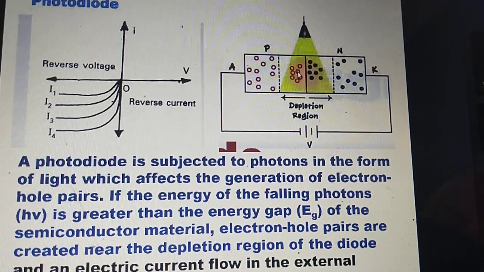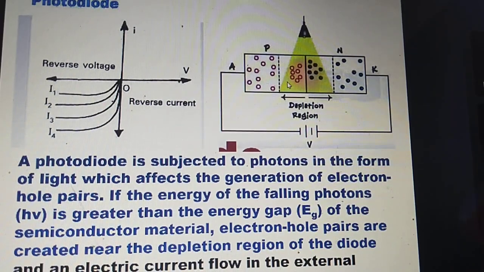What happens? This P-type has negative ions, and here you have positive ions. If more electron-hole pairs are generated, holes will be pushed in this direction, and electrons will be pushed in this direction.